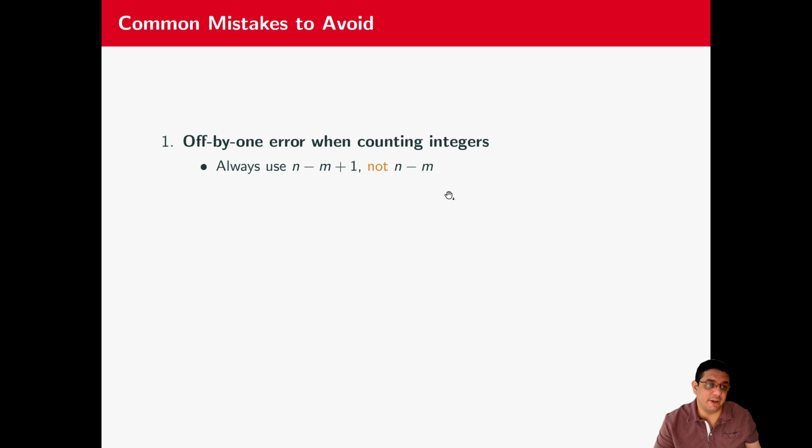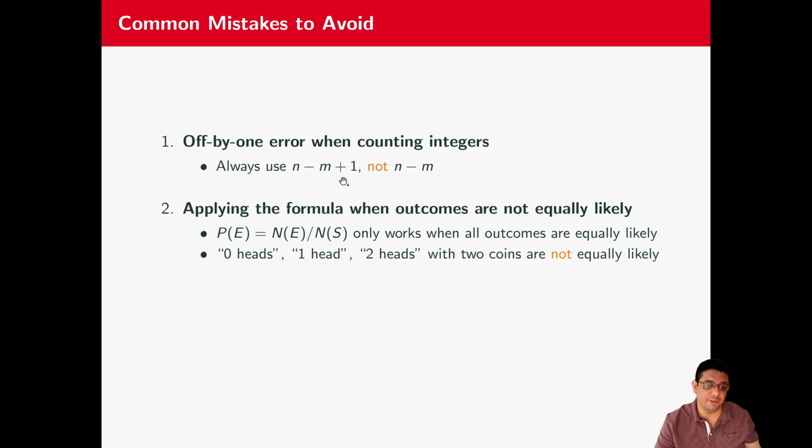You gotta be very careful of the common mistakes to avoid. Don't forget the 1 when you're counting integers. And when you're applying the formula, this always makes sense when outcomes are equally likely, but when outcomes are not equally likely, then that's not gonna work out. So for example here, if we have this 0 heads, 1 heads, 2 heads with 2 coins, those events are not necessarily equally likely, and we cannot use the probability in that form.